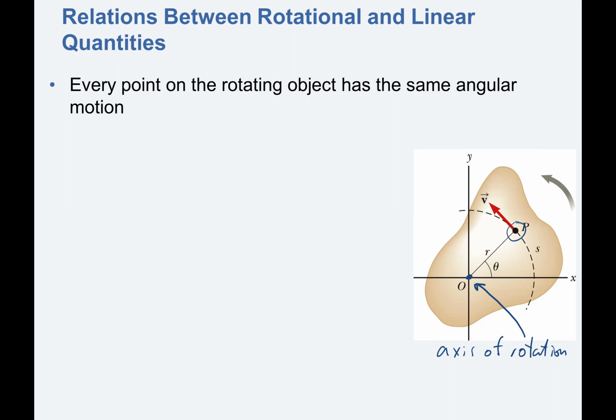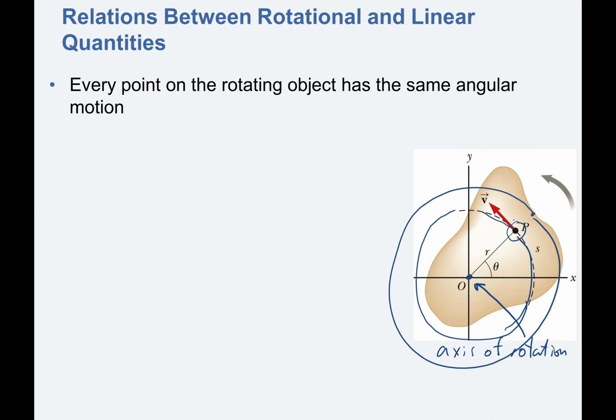For example, look at this point P. That point P has the same angular motion as any of the other points in that object. If this particle undergoes a full cycle of rotation, at the same time, if I had chosen something over here, that object will undergo circular motion too.